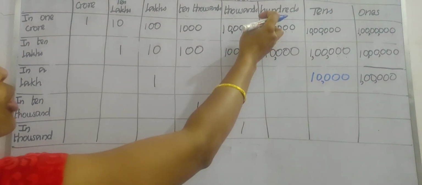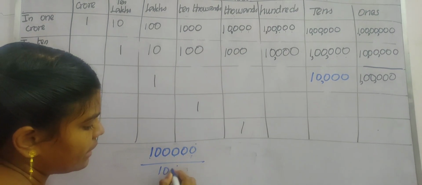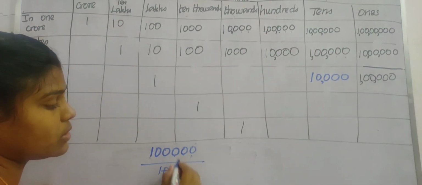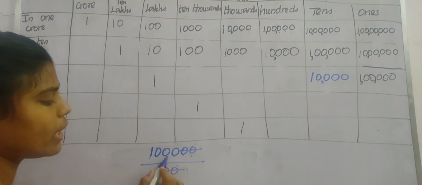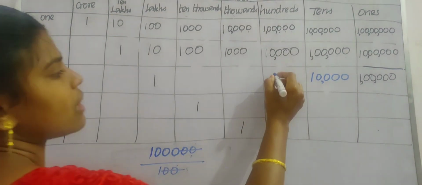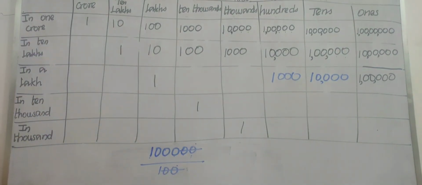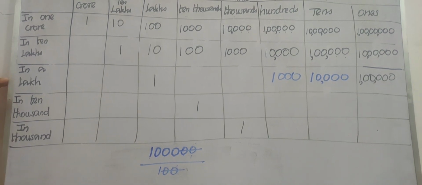We are going to find how many hundreds are there in a lakh, right? So for 100 we need to put 100. Strike out the zeros. So 2 zeros, and in a lakh also 2 zeros. So how many zeros are remaining? 1, 2, 3. So we can write 1000. So there are 1000 times hundreds in a lakh.